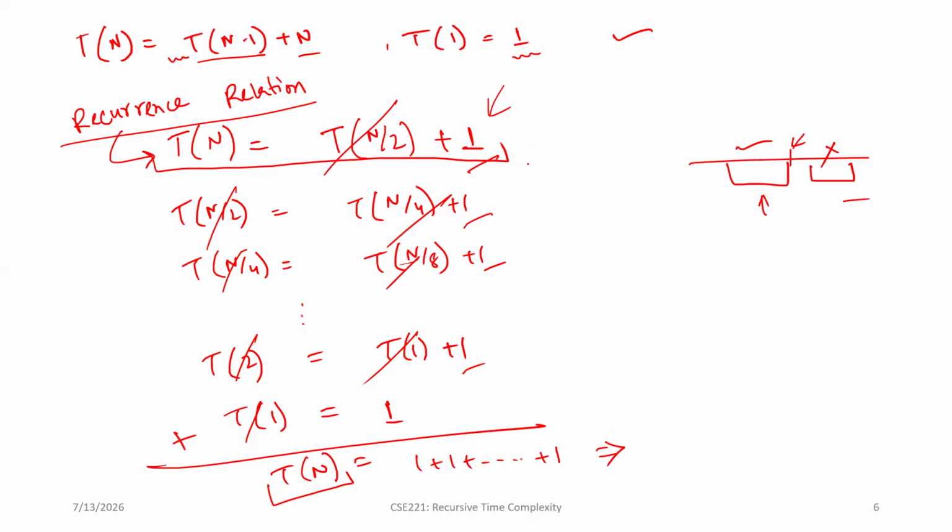So the question is, how many lines have we written here? How many lines? That should be the number of ones finally.